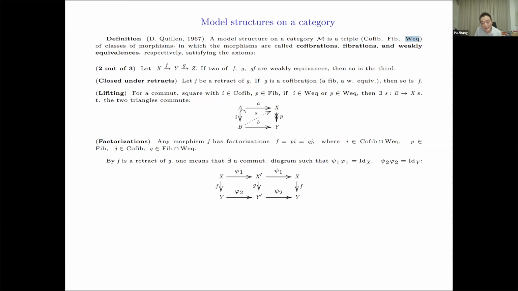Then if g is a cofibration, then f is a cofibration. If g is a fibration, then so is f. If g is a weak equivalence, then so is f.